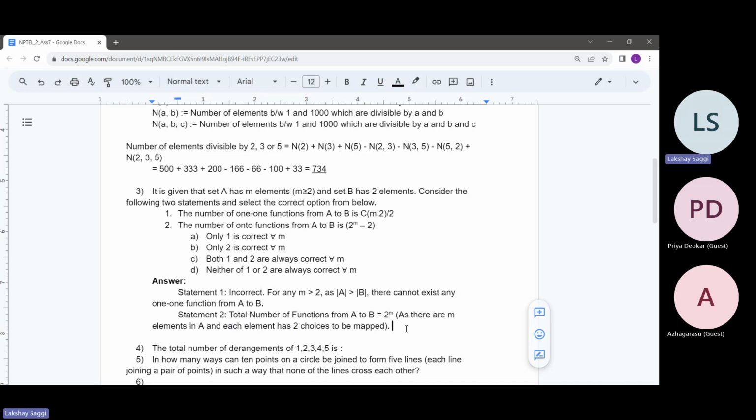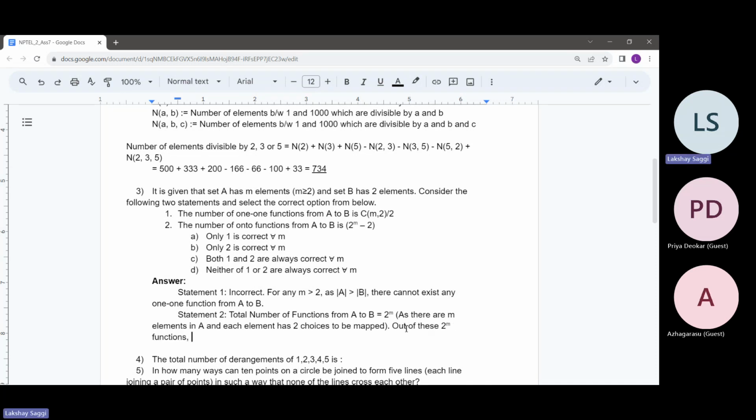So I'll just write it down also. Out of the 2 raised to power m functions, there are exactly two functions which are not onto.